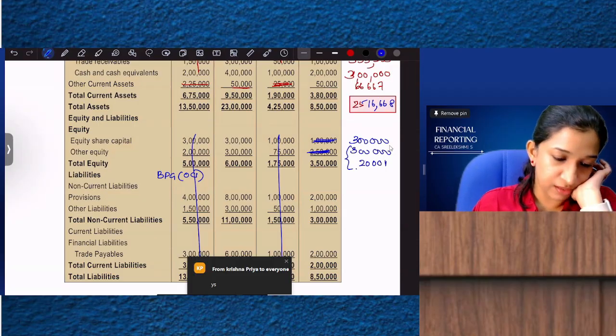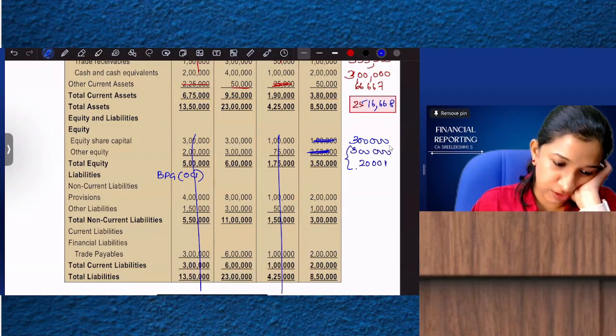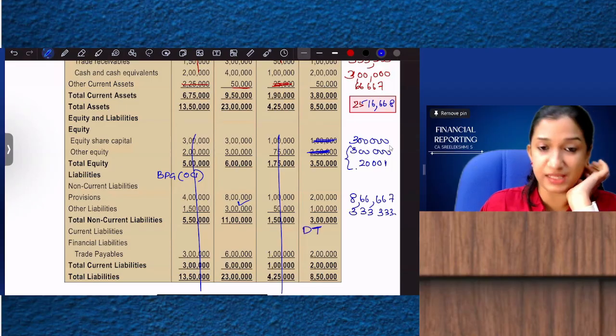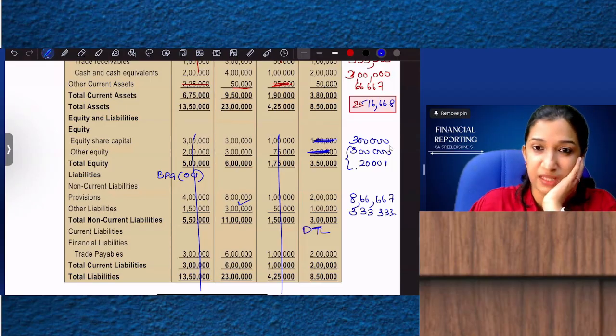Provisions. Non-current liability provision 8 lakh 66,667. Other liabilities 3 lakhs plus 1 lakh 33,333. I know I should take over. There is a deferred tax liability to be presented. DTL to be presented.